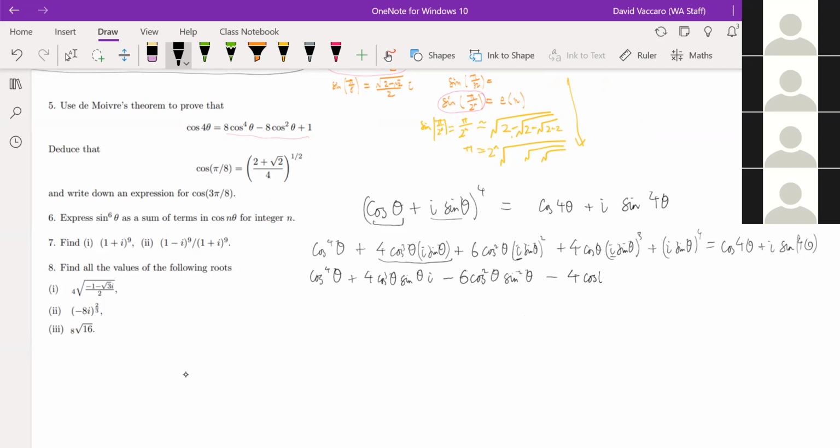So we get 4 cos theta sine cubed theta i. And then finally, an i to the 4 is i squared squared, which is -1 squared, which is +1. So we get a sine to the 4 theta, equal to cos 4 theta plus i sine 4 theta.